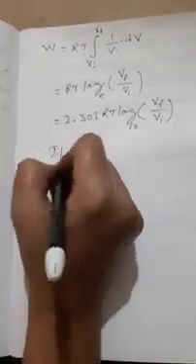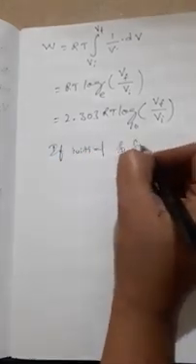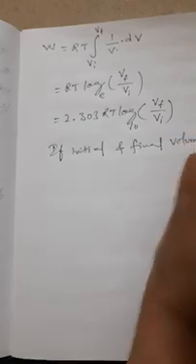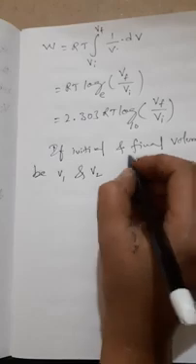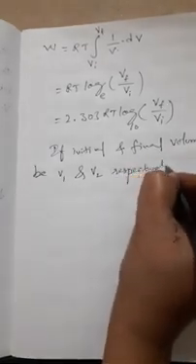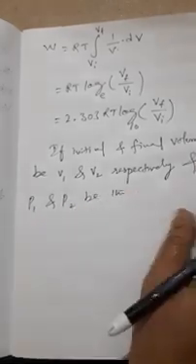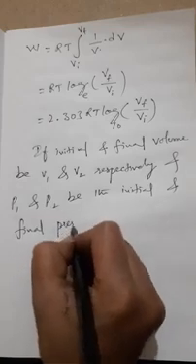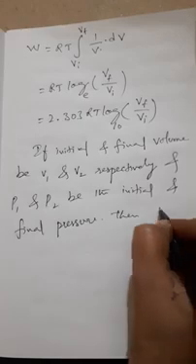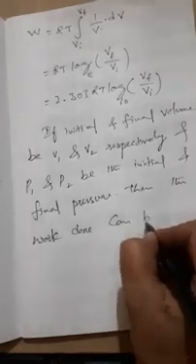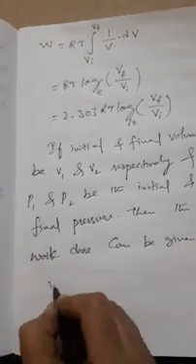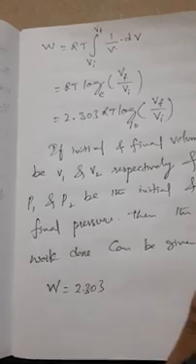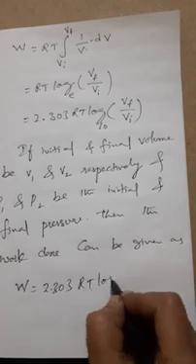So if the initial and final volumes are V1 and V2 respectively, and P1 and P2 are the initial and final pressures, then the work done can be given as W is equal to 2.303 RT log 10 of V2 by V1.